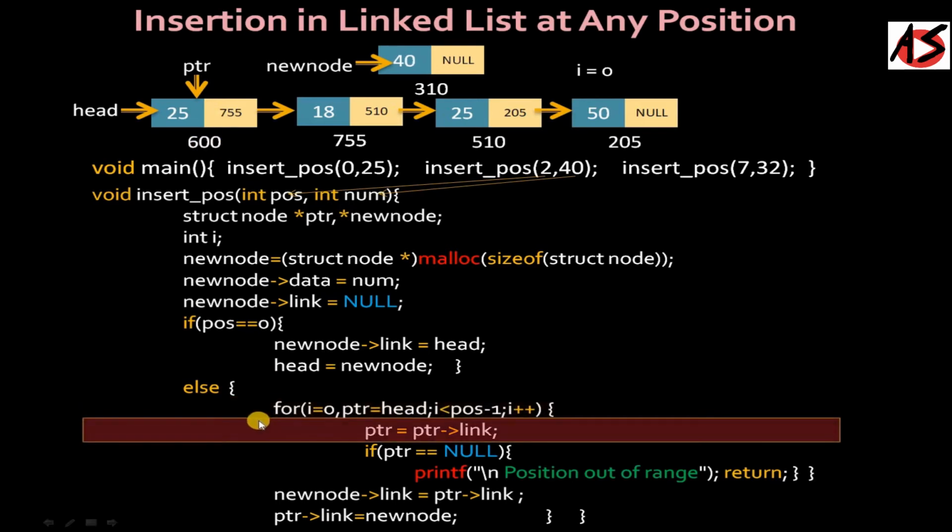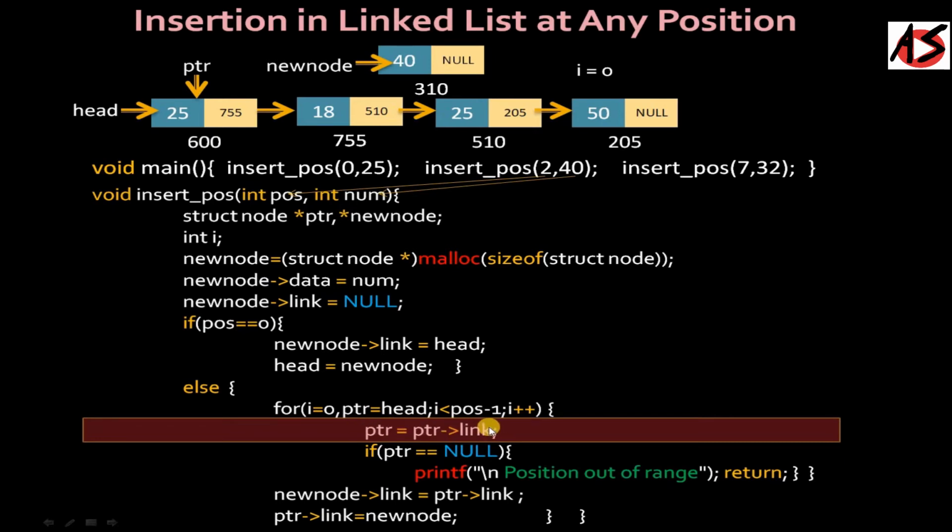Now we will check the condition i is less than position minus 1. Since the position value is 2, 2 minus 1 is 1 and i is 0. That means 0 is less than 1, so the condition becomes true.